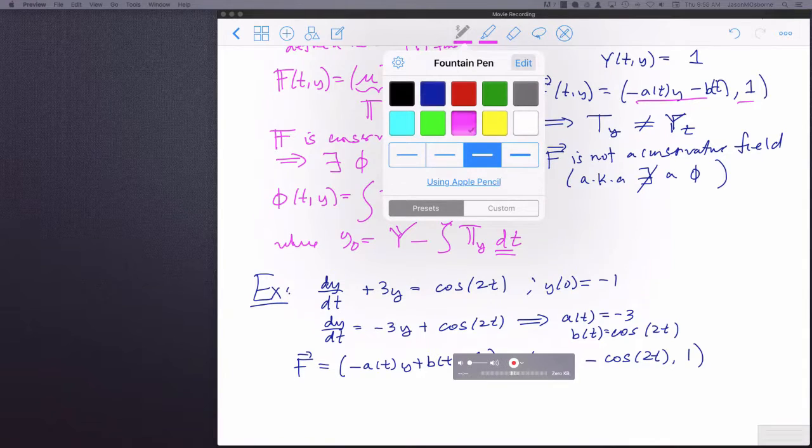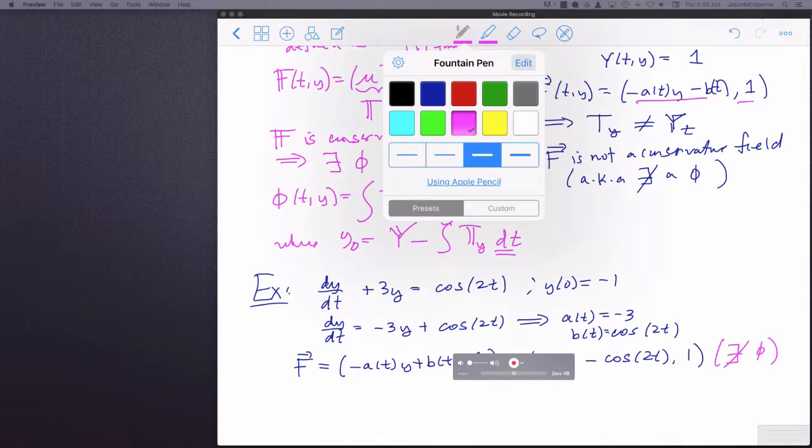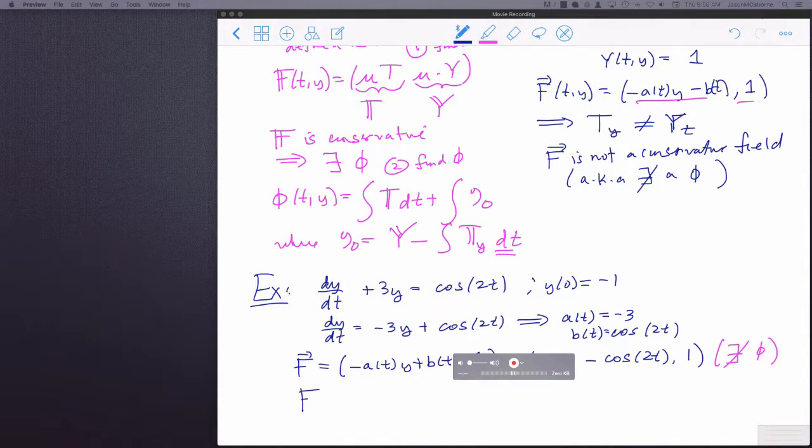But this was not conservative. There did not exist a potential function, so we now need to find our new vector field by doing mu multiplied by minus a(t)y plus b(t), comma 1. Okay.